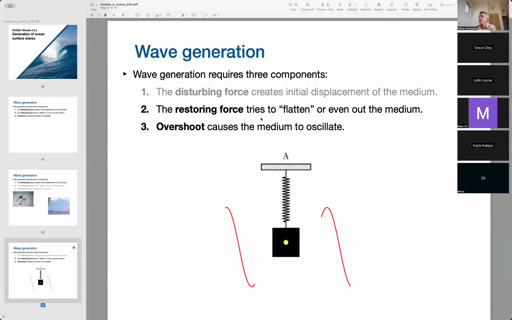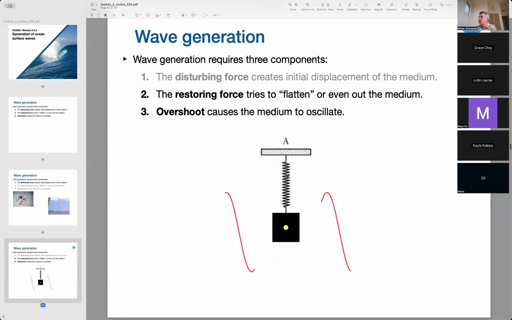Basically, just like a spring, if you bring a spring down, then the spring will be stronger. The restoring force in this case will be both the strength of the spring and gravity. If you push it up, then gravity will be stronger than the force of the spring. It will fall down and overshoot and start to oscillate.